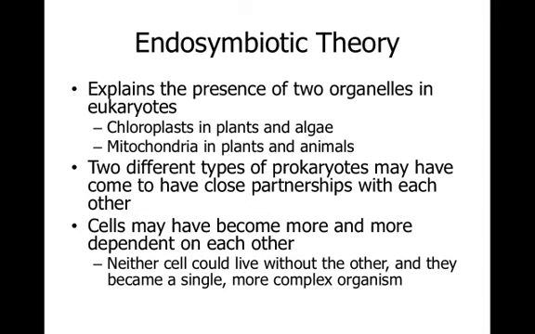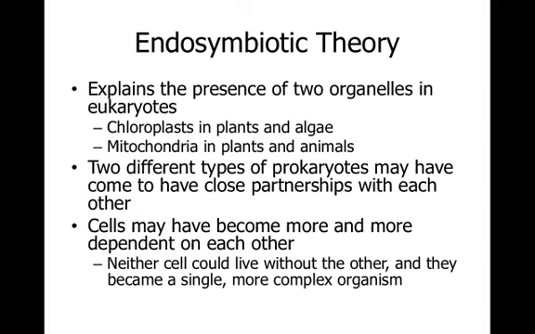And same thing with the chloroplasts. One prokaryotic cell contained a chloroplast, which was able to utilize the sunlight to make energy or to make sugar, and the other cell did not have that ability. And so the cell that has the chloroplast would work very closely with the other cell and provide it with energy coming from the sun.